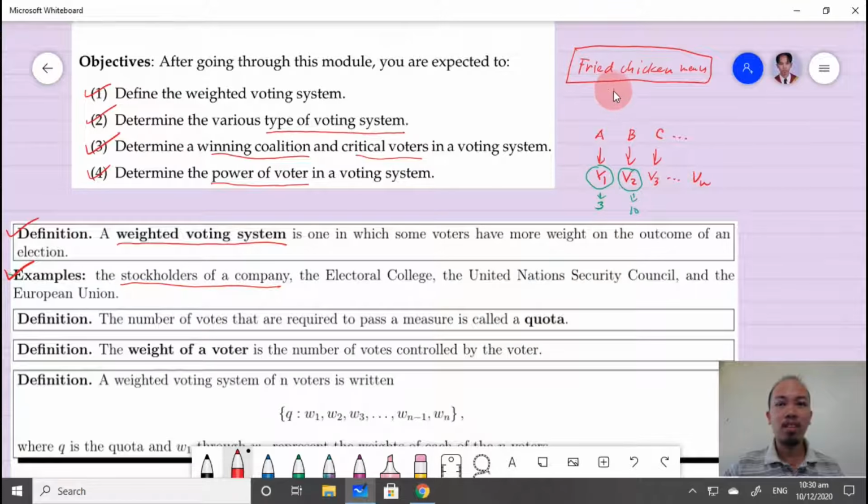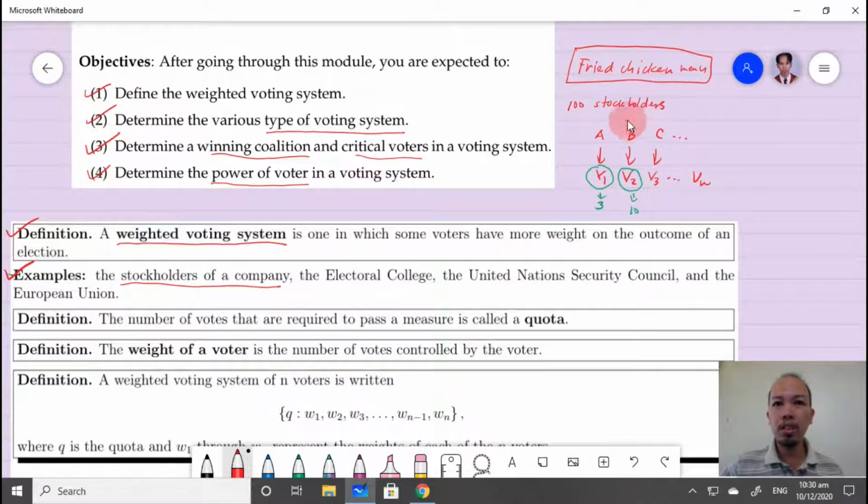Then what if there are 100 stockholders?